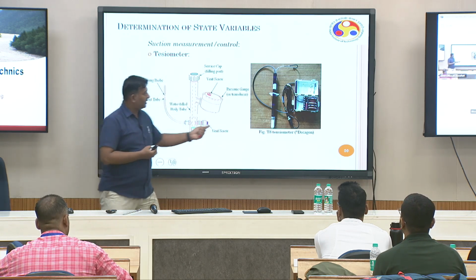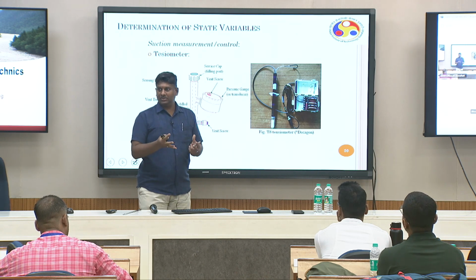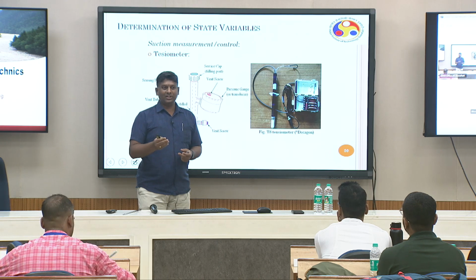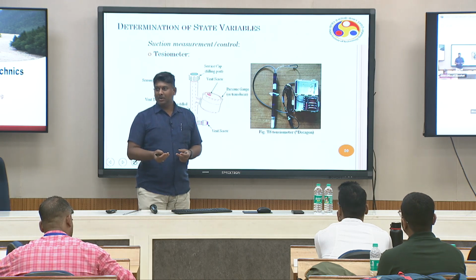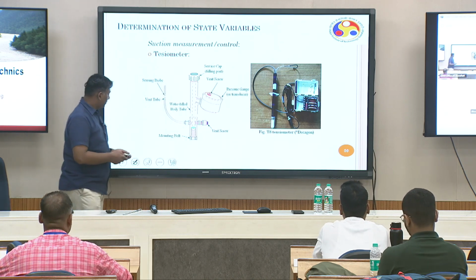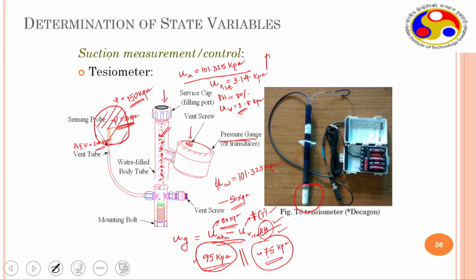The data can be collected directly, connected to a data logger which saves the data. You can also set the interval, how often you want to record, right? So it has certain limitations.